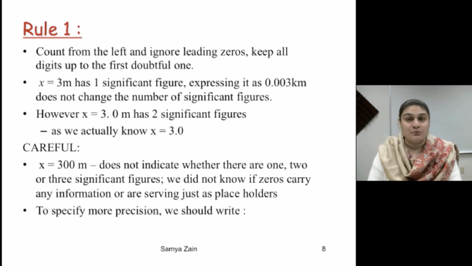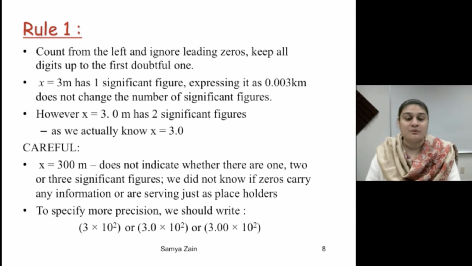To specify more precision, we should actually rewrite this as 3 times 10 to the 2, or 3.0 times 10 to the 2, or 3.00 times 10 to the 2. Writing it in this way helps us figure out whether these numbers are actually significant or are just being used as placeholders.